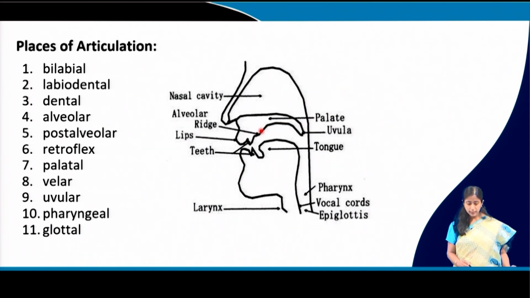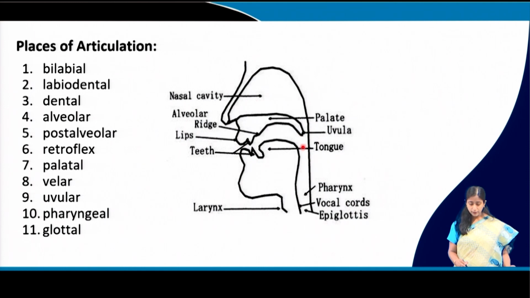Earlier we saw that at the alveolar ridge, in the frontal part, the tongue was hitting, and now the tongue is coming towards the back portion and blocking the air to produce retroflex sounds like r. Further we go and we produce palatal sounds like ch. Now we can't take our tongue backwards further, that is not possible for humans. So, what do we do? We raise our tongue a little and block the air and we produce sounds like ch.